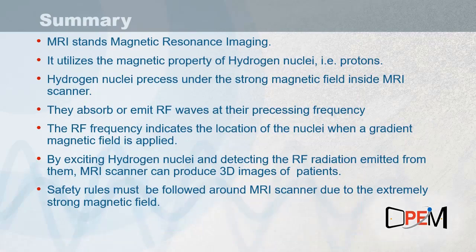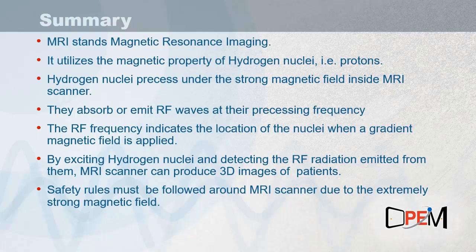In summary, MRI stands for magnetic resonance imaging. It utilizes the magnetic property of hydrogen nuclei, which are protons. Hydrogen nuclei precess under the strong magnetic field inside the MRI scanner. They absorb or emit RF waves at their precession frequency.